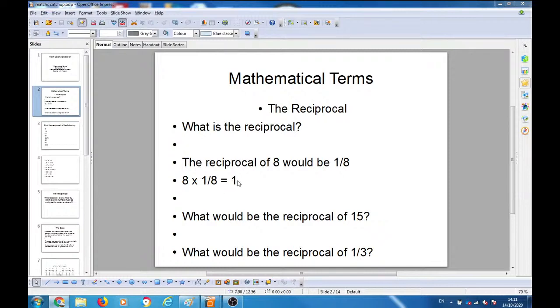It's fairly straightforward. The next one is, what would be the reciprocal of 15? The answer is fairly straightforward. It would be 15 times 1/15, and the answer is 1. The same with the reciprocal of 1/3.